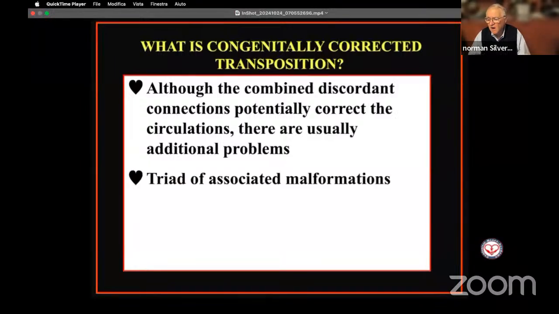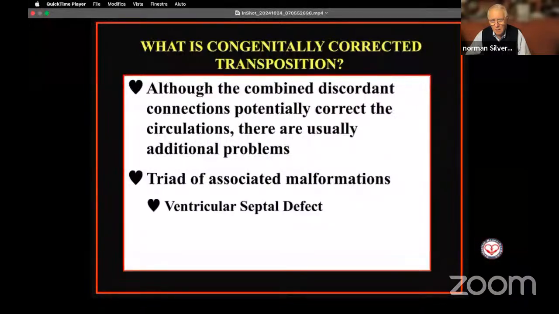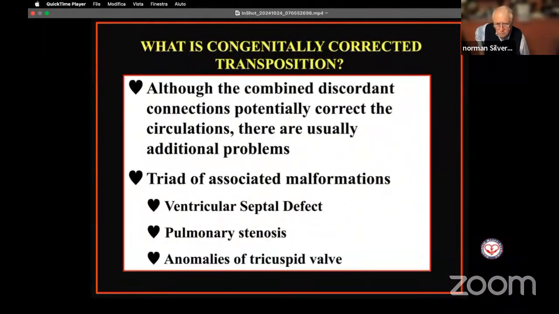There is a triad of associated anomalies that we expect to find in the setting of congenitally corrected transposition. They're not all present at the same time, but in the greater majority of cases, one or other of these lesions will be found. So they are a ventricular septal defect, obstruction of the left ventricular outflow tract, and problems with the morphologically tricuspid valve.